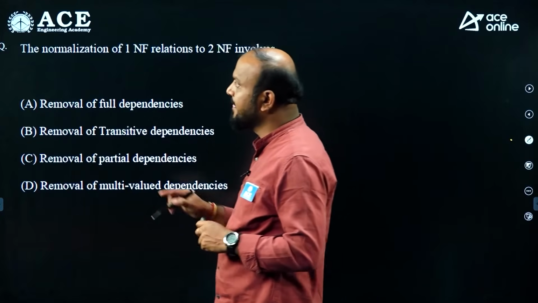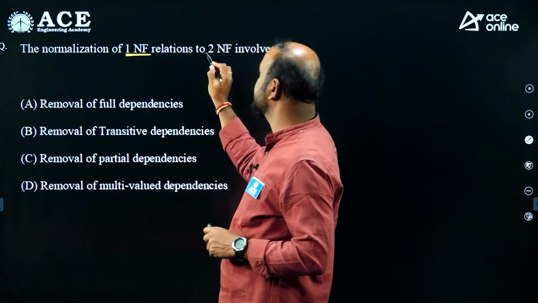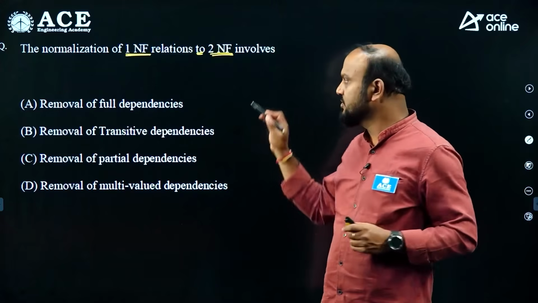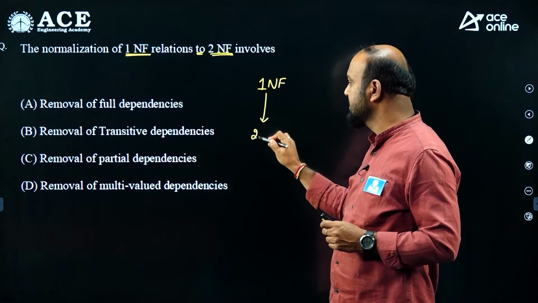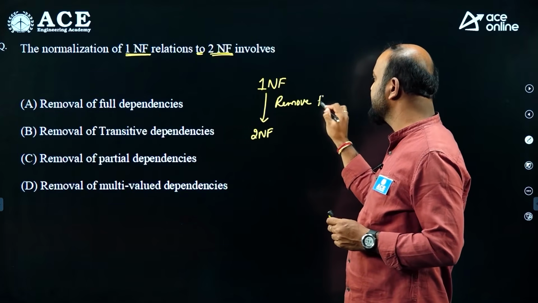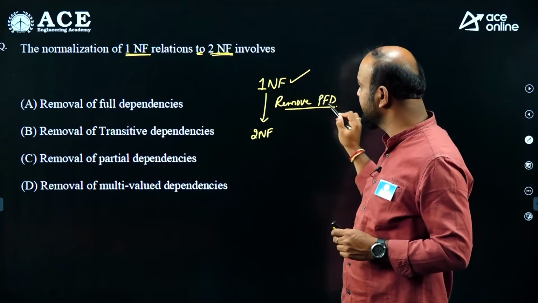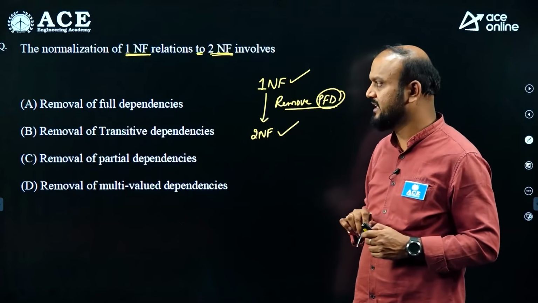Second one, the normalization of 1NF relations to 2NF involves the removal of partial functional dependencies. So from 1NF, if we remove PFDs, we can make the relation be in 2NF.